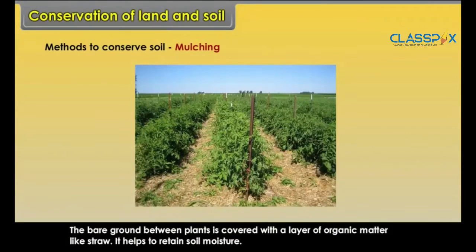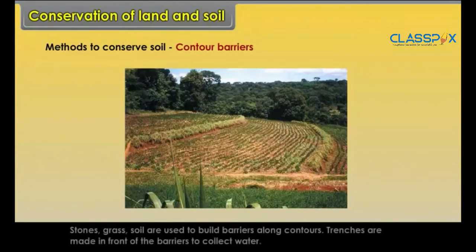The bare ground between plants is covered with a layer of organic matter like straw. It helps to retain soil moisture. Contour barriers. Stones, grass, soil are used to build barriers along contours. Trenches are made in front of the barriers to collect water.